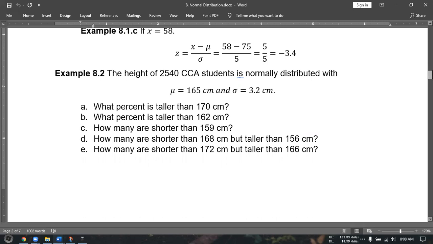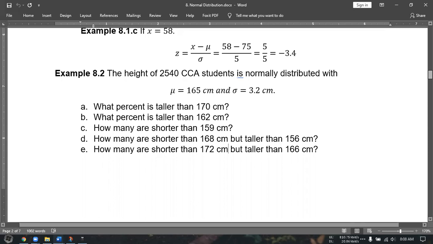And then fifth, you have to state your final answer in a complete sentence. Let's do that for letter A.